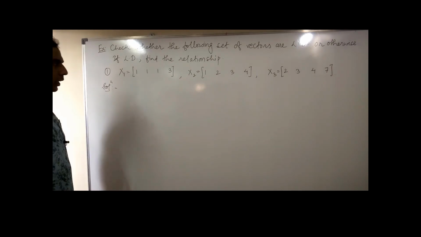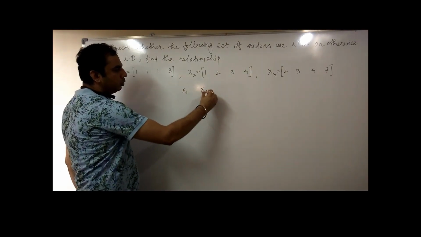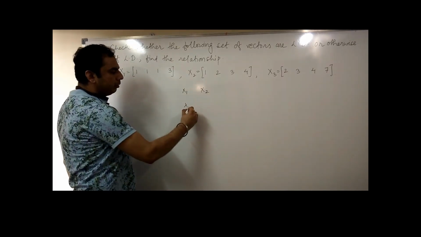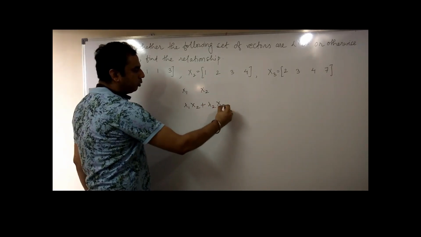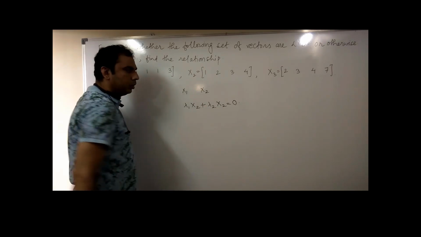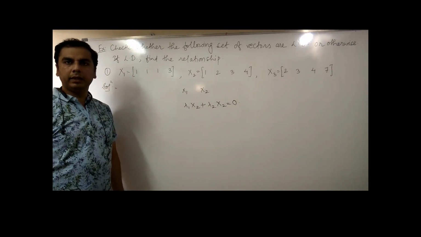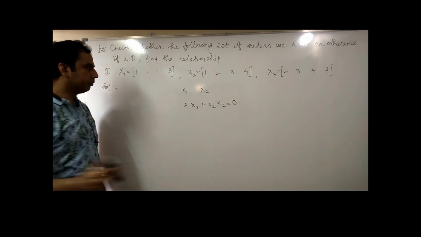As we have seen, if the two vectors x1 and x2 are linearly dependent, only then can we have a relation between them, lambda 1 x1 plus lambda 2 x2 equal to 0. And if the two vectors are linearly independent, then there is no question of a relationship.